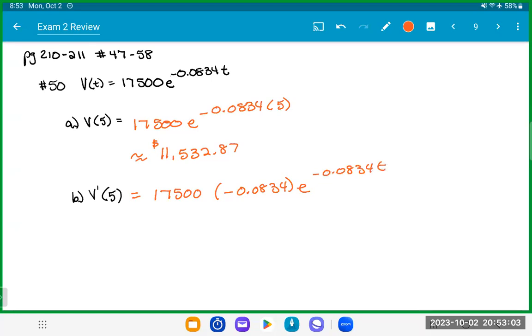The time I'm trying to determine is at 5 years, so I plug in the 5 years here for my time. And that's going to give me that I'm depreciating at negative $961.84 per year. So at year 5, my equipment is depreciating by $961.84. Okay, questions?